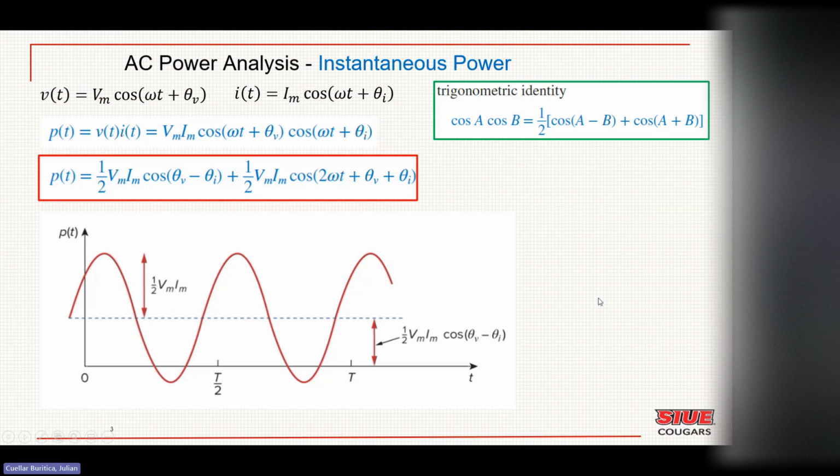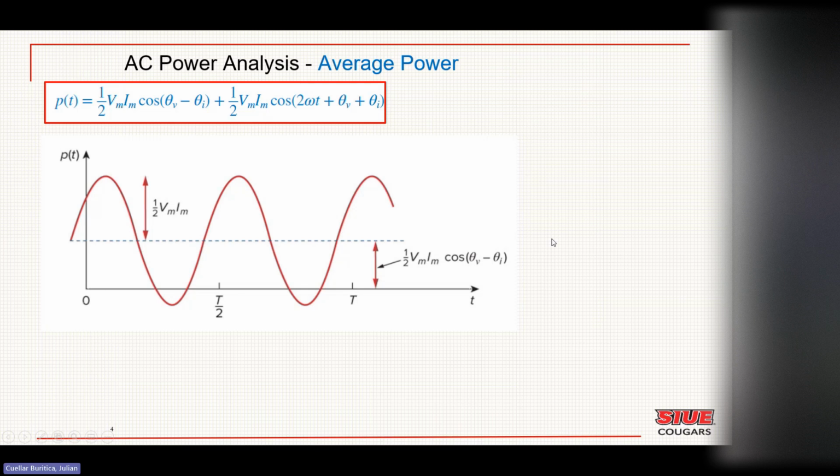Here again is the representation of that power. Then let's see what the solution is for this issue of having used power at a specific moment in time. What was defined to work with alternating current signals is something called the average power.